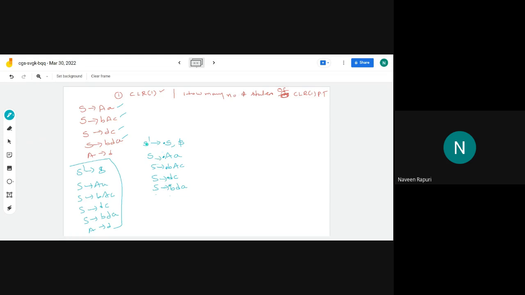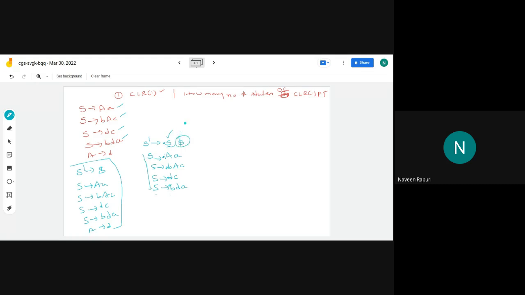Here S dash derives dot S is there. After dot, I am having a non-terminal. That's why I have added all the productions produced by this non-terminal. Now we need to add the look ahead symbol for all these productions. What is the look ahead symbol for S? After S, we are having only dollar.